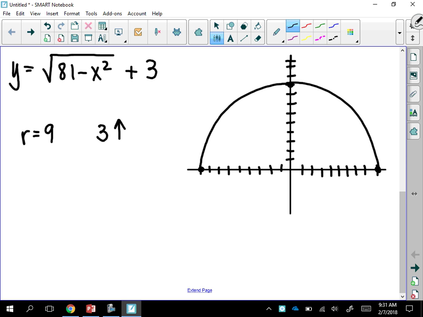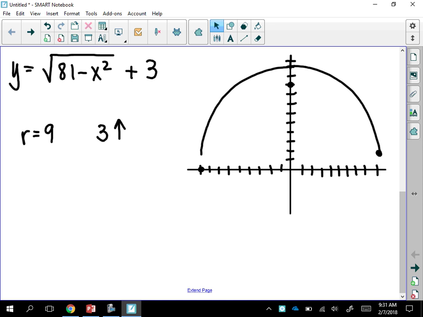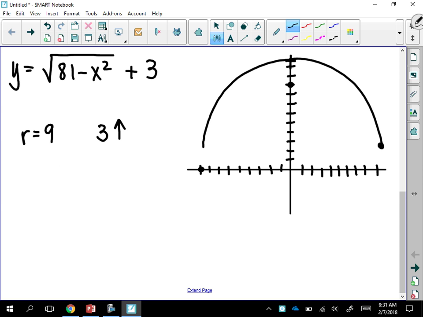But then I'm going to take this entire graph and shift it 3 units up. So up 1, 2, 3. So there would be where this graph is now located. And we don't do anything extra.